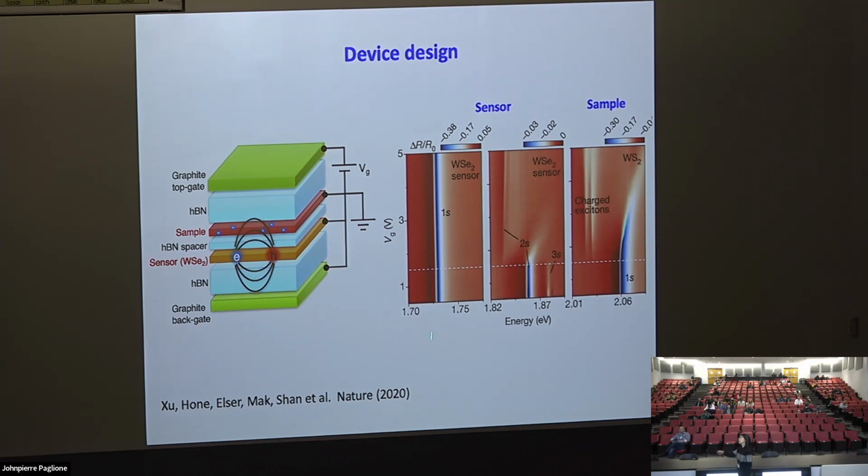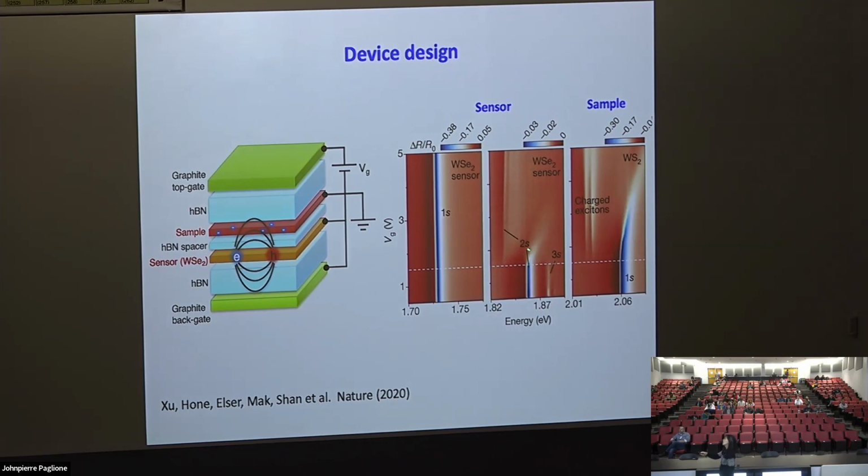This can be seen from this 1s transition, right? Nothing changes. It goes straight. Doping does not change anything. And this verifies that this sensor is charge neutral. But at the same time, let's take a look at the 2s and the 3s exciton. This 3s is pretty weak. You don't see this as soon as the sample is doped.